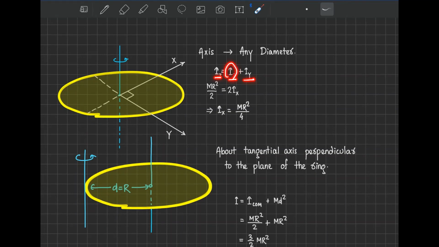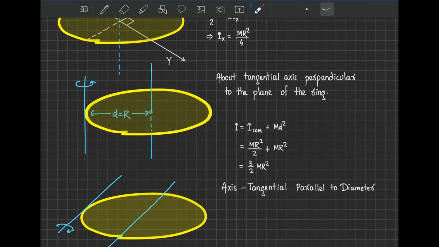Again, Ix and Iy are the same, both are diametrical axes. So we are writing 2Ix, and Iz value is mR square by 2. This gives us Ix equals mR square by 4. So about any diametrical axis, the moment of inertia of a disk is mR square by 4.